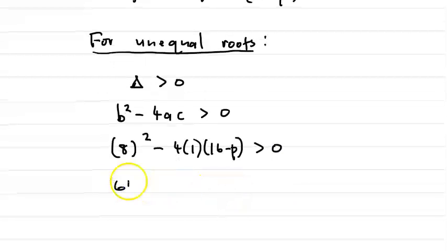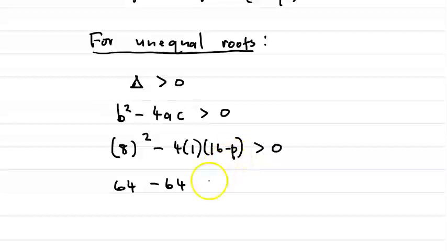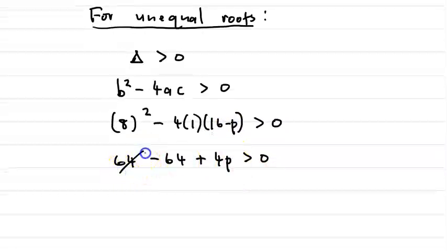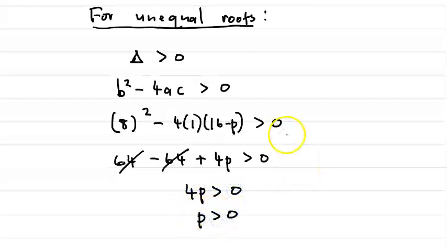That will be 64, and here it will be minus 4 times 16, which is minus 64. Minus times minus is plus 4p, so it will be plus 4p greater than 0. 64 minus 64 cancels, so here I have 4p greater than 0. Therefore, p must be greater than 0. So for unequal real roots, p must be greater than 0.